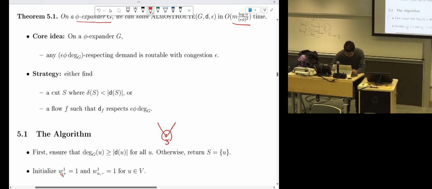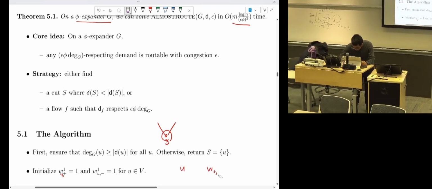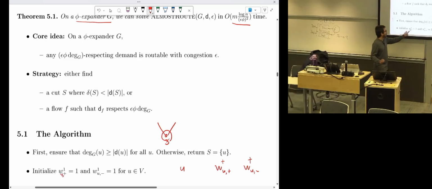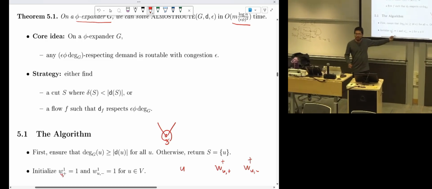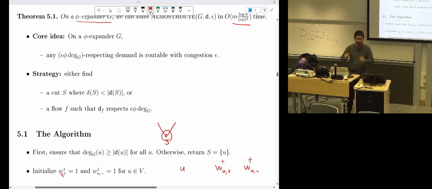For every node U, I have 2 weights: the weight U plus and the weight U minus. And there is a day on each round, for each day t. So I initialize the weights to be 1, just like in MWU. Just note again that each node has 2 weights.